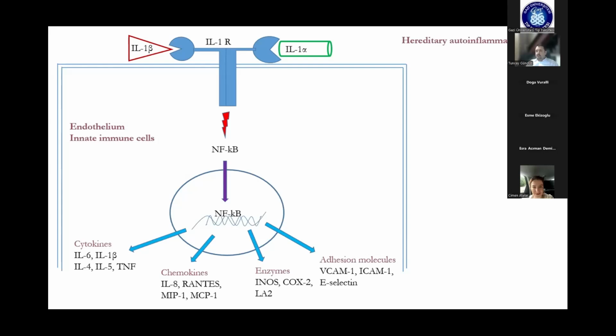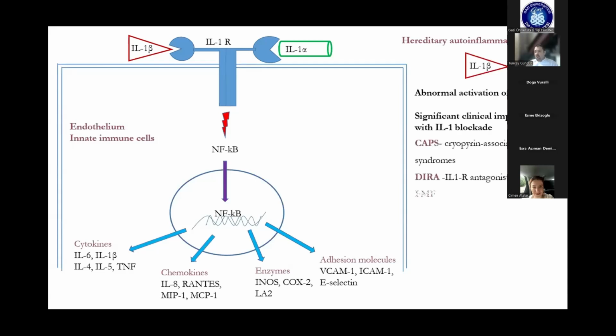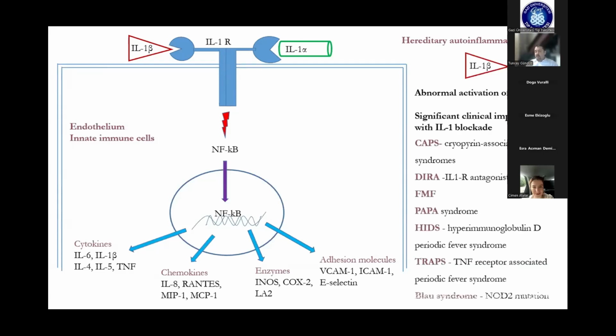We have a set of autoinflammatory diseases, as you know, hereditary autoinflammatory diseases. These patients have abnormal activation of the interleukin-1 beta pathway, so genetic abnormal activation. You may have heard about these diseases.